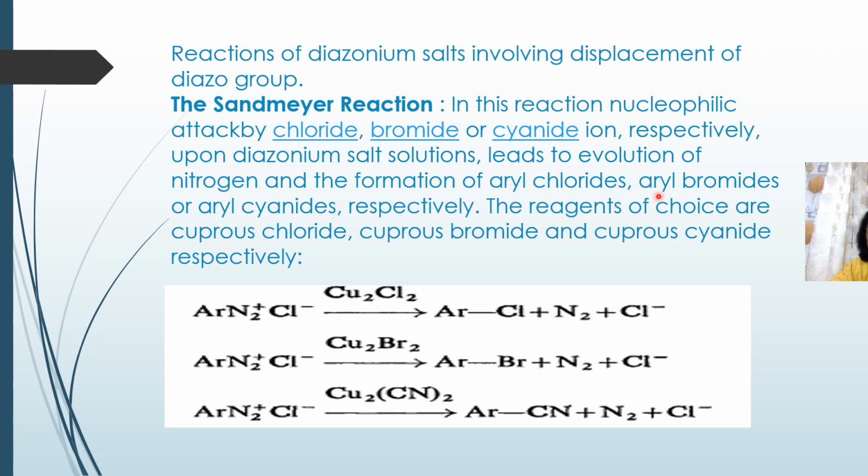The formation of aryl chloride, aryl bromide and aryl cyanide happens in these three reactions. So diazonium chloride plus Cu2Cl2, HCl gives you the chloro compound plus nitrogen plus chloride ion. Or diazonium chloride, when treated with Cu2Br2, HBr, gives you the bromo compound plus nitrogen plus chloride. Then when diazonium chloride is reacted with CuCN, HCN, it forms the cyano compound plus nitrogen plus chloride.